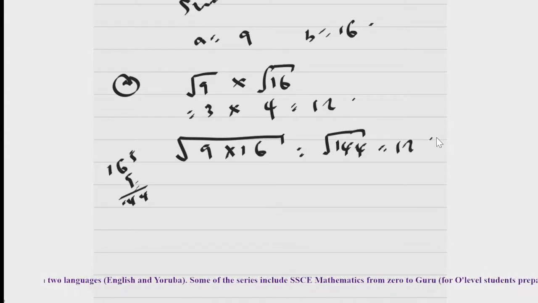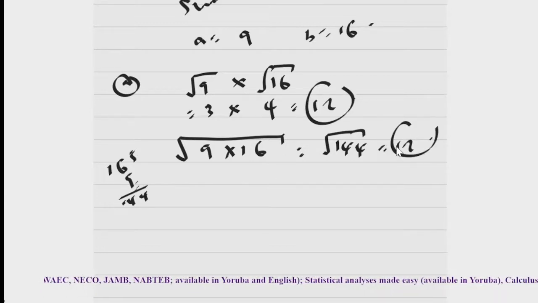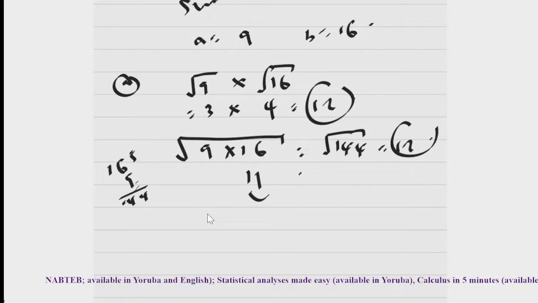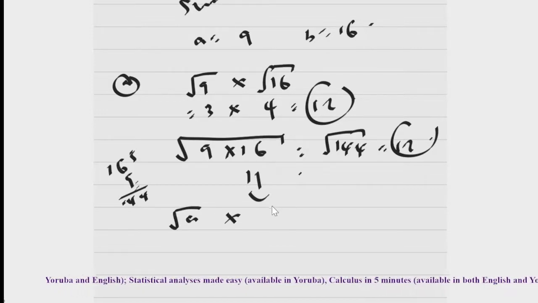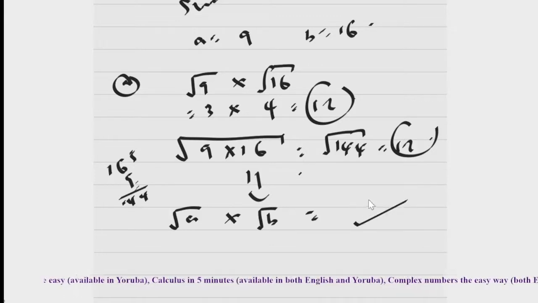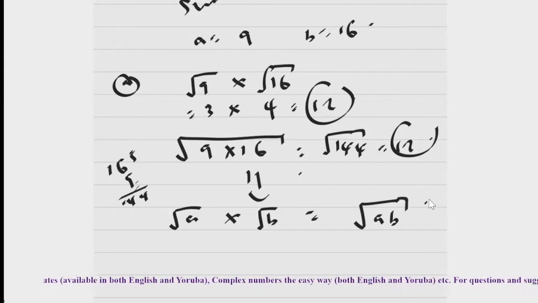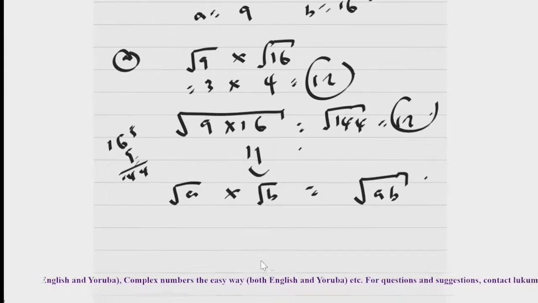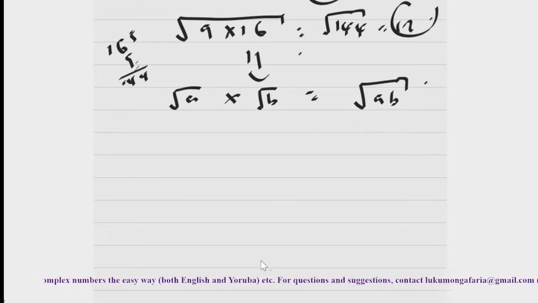What do you observe? You observe that whether the numbers are inside the radical individually or together inside the radical, you are going to have the same result. So in general, when you have square root of A multiplied by square root of B, it's the same thing as square root of AB.